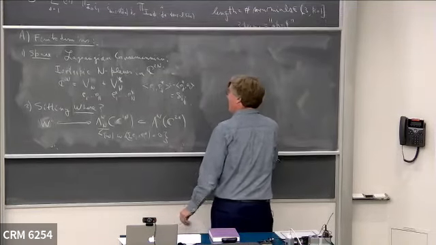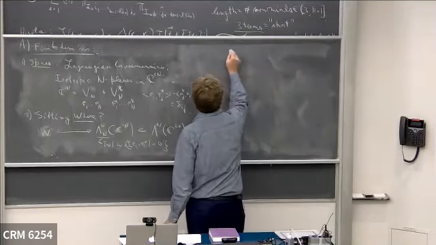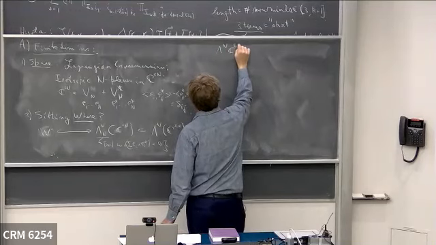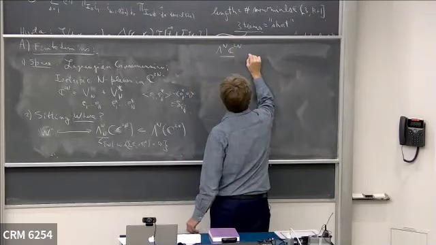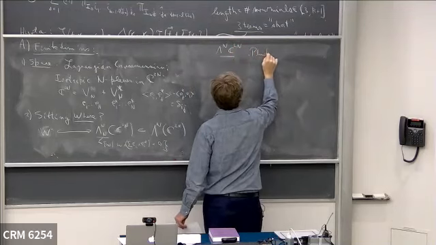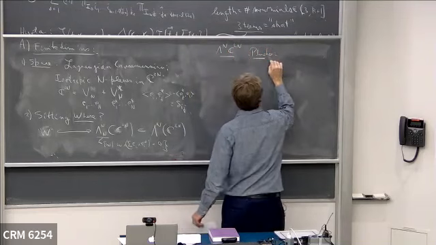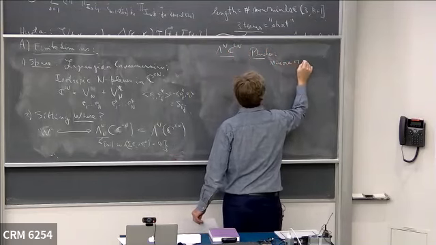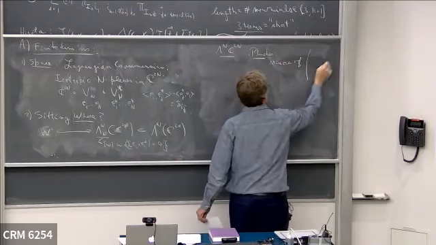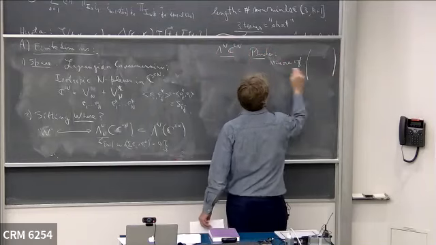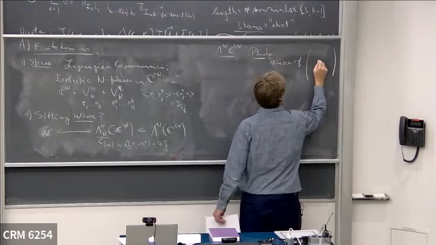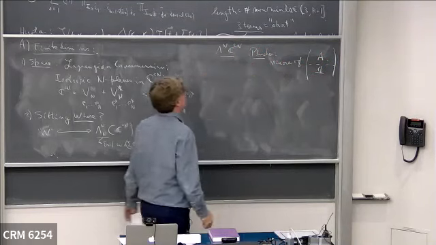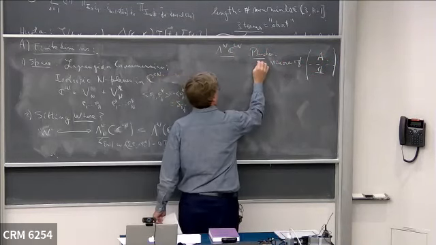So what does this look like? Well, remember that in wedge n of C^2n, the Plücker coordinates are the n by n minors.